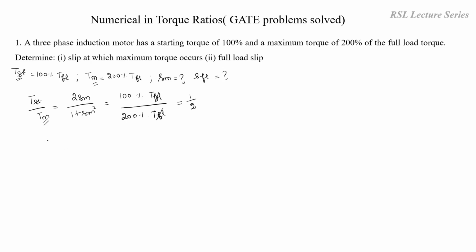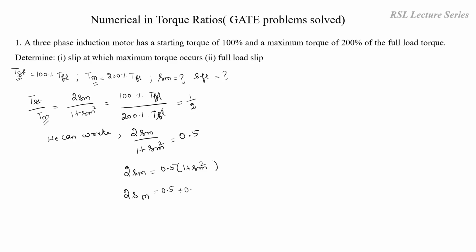So now we can write 2 Sm divided by 1 plus Sm square is equal to 1 by 2, which is nothing but 0.5. On cross multiplication, we'll get 2 Sm is equal to 0.5 into (1 plus Sm square), so 2 Sm is equal to 0.5 plus 0.5 Sm square.